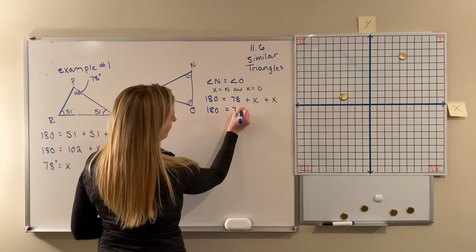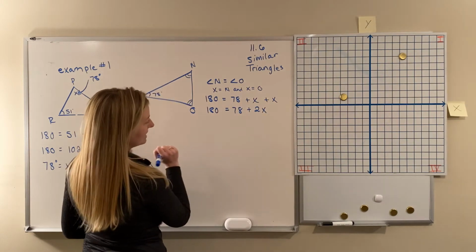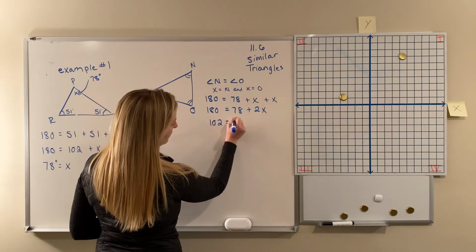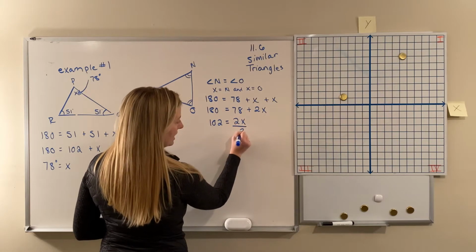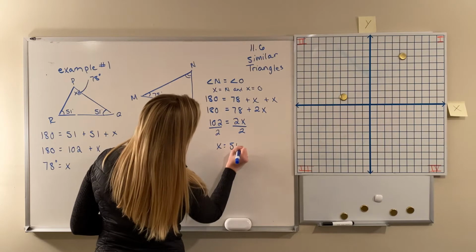180 is equal to 78 plus 2x. Subtract 78 to the other side, and we get 102 is equal to 2x. Divide out your 2, x is equal to 51 degrees.